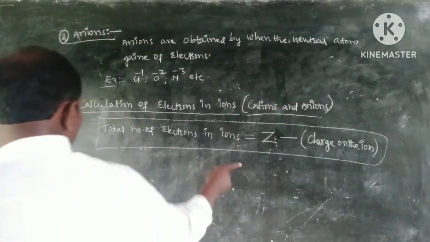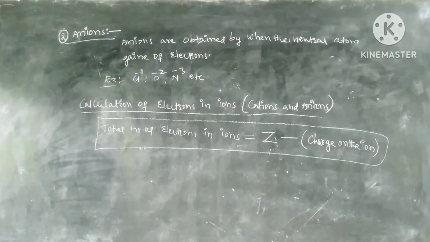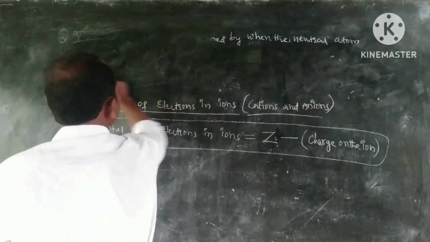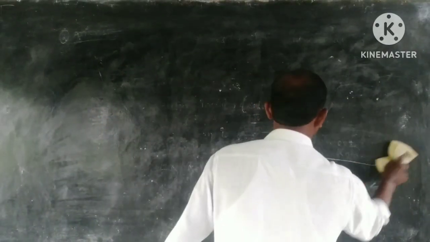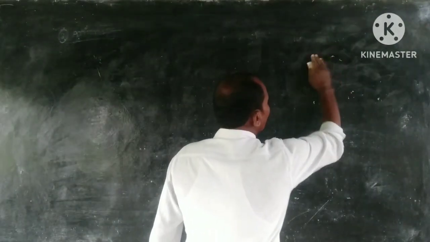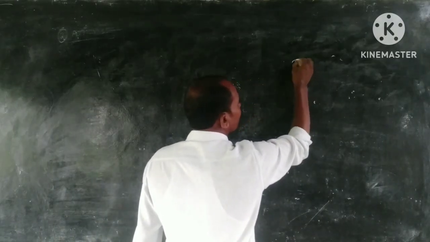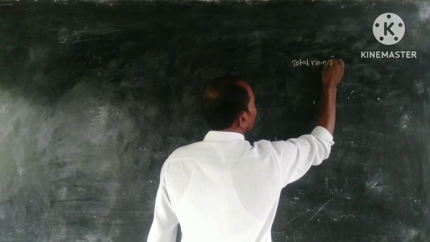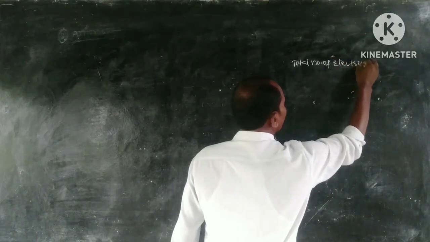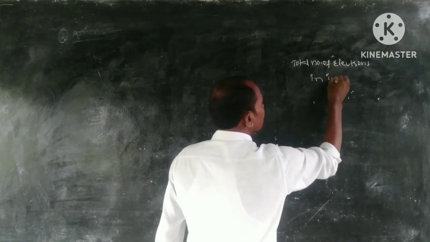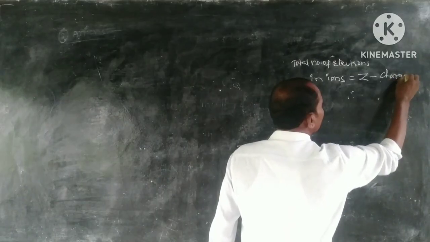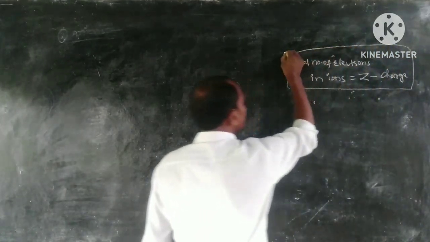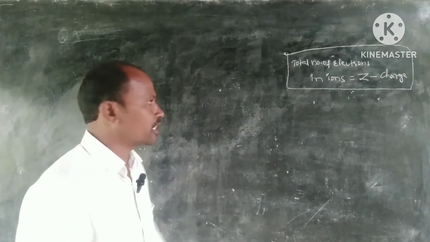Note this principle: total number of electrons in ions is equal to Z minus charge.